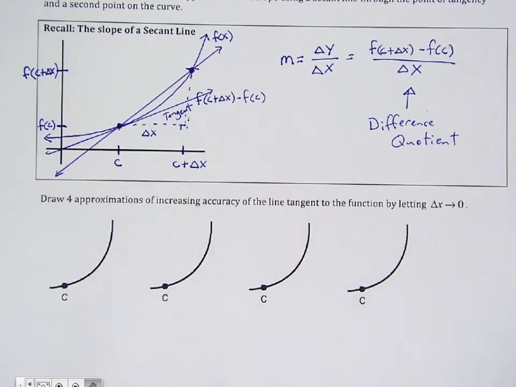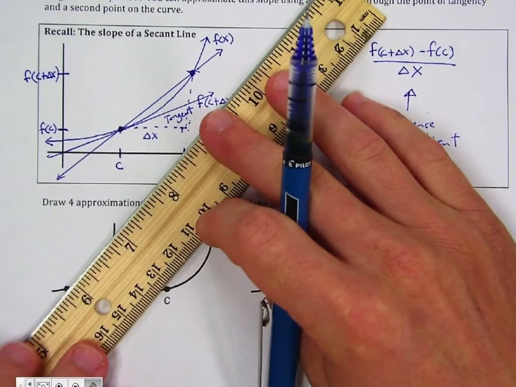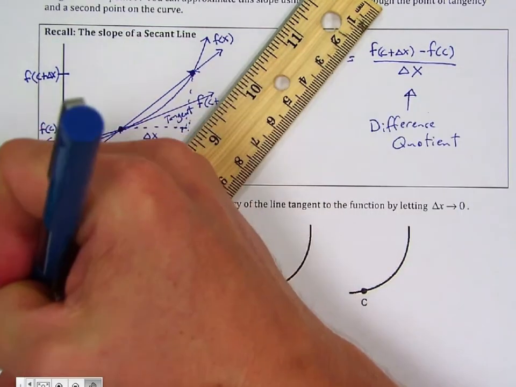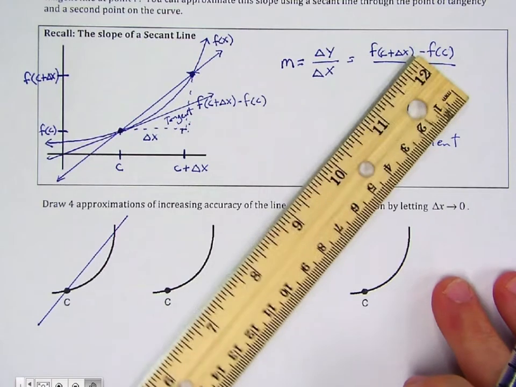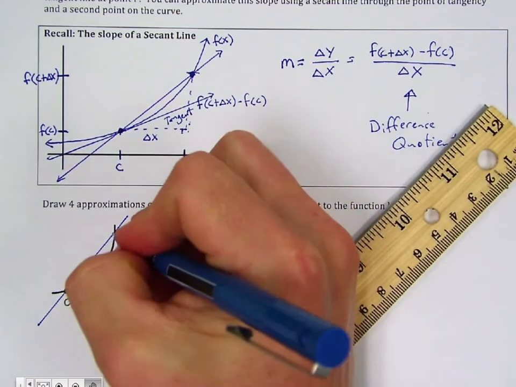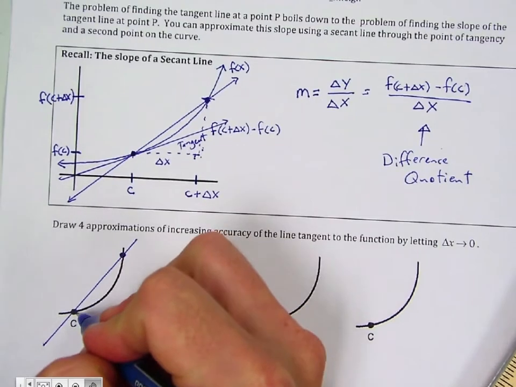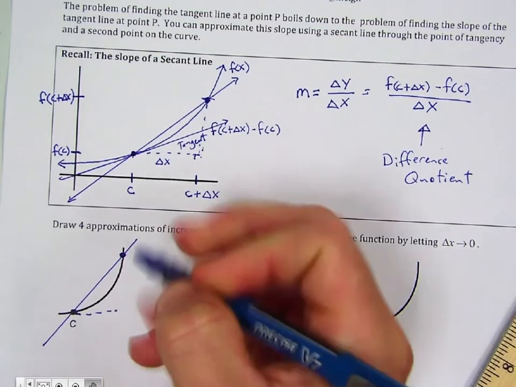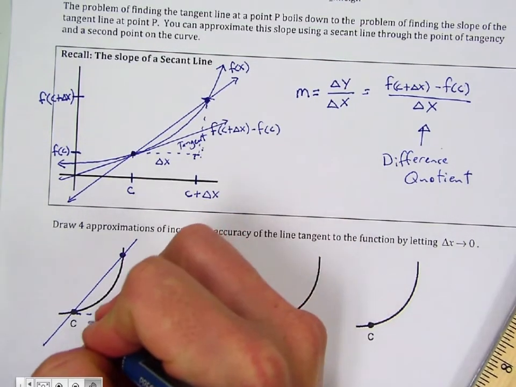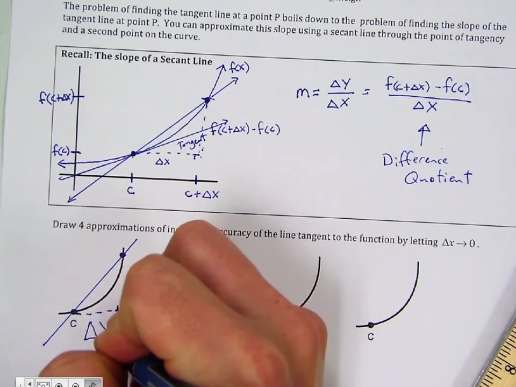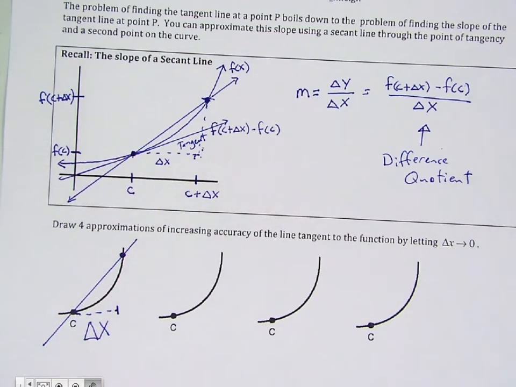So what we can do is start off with a secant that's fairly far away. We can go through those 2 points, and here would be our delta x, and make it large because that's a pretty large delta x.